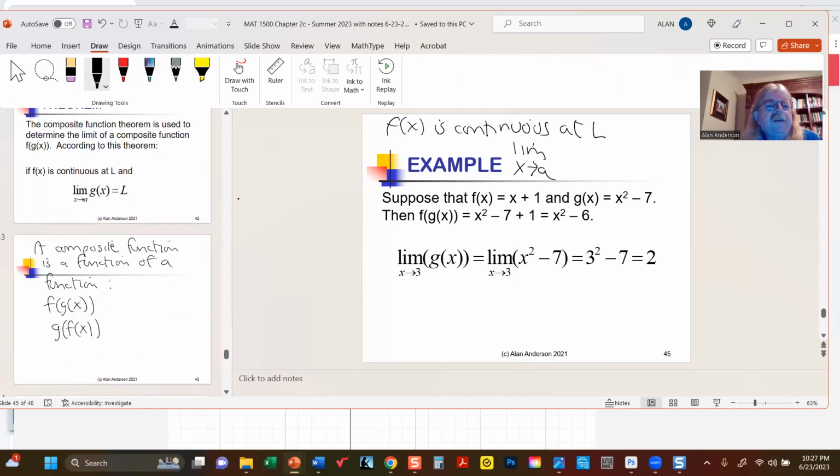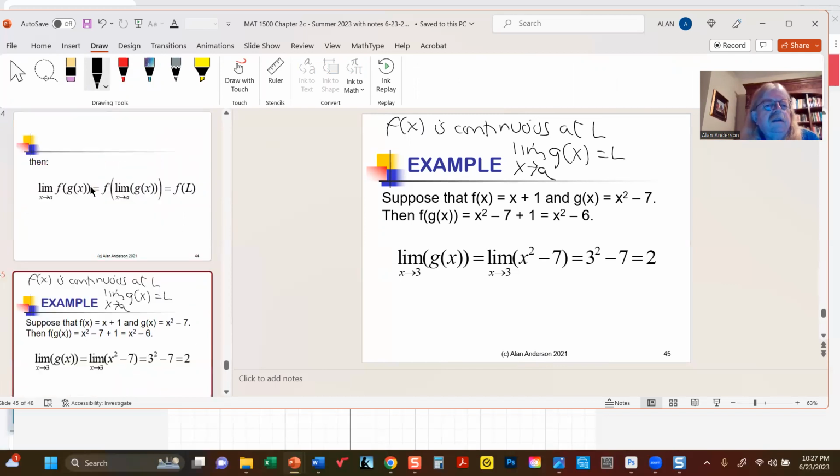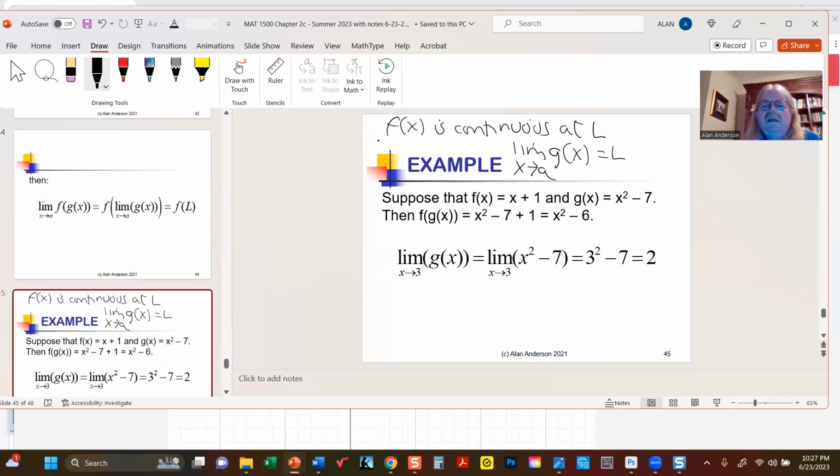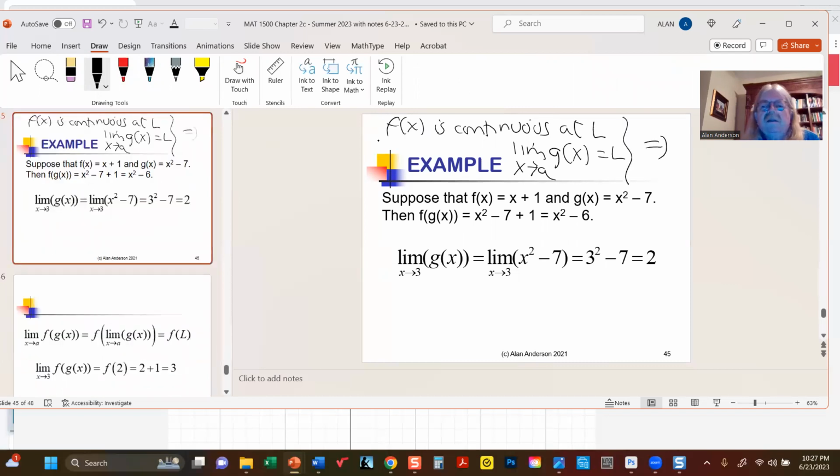This implies that the limit of f of g of x is f of L.